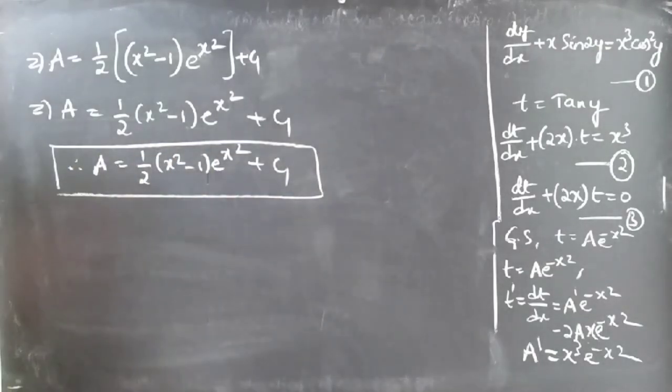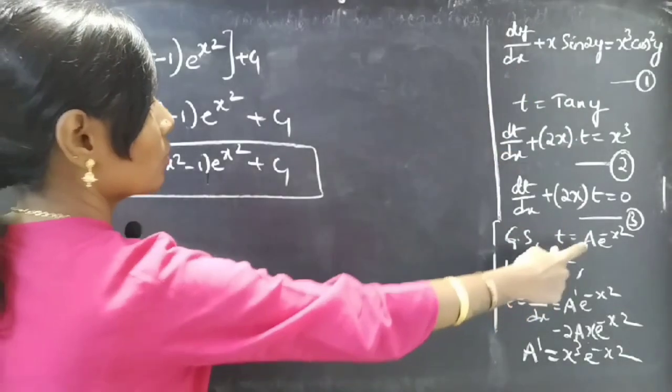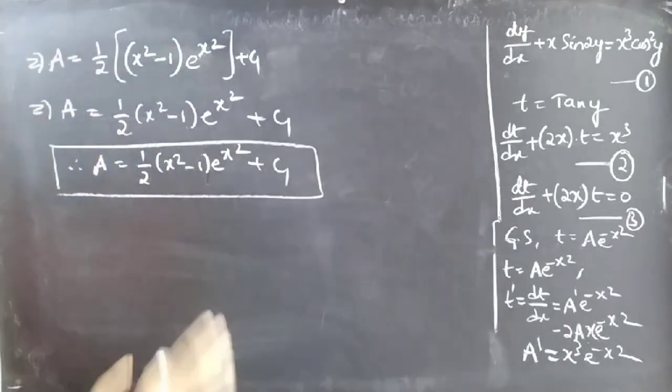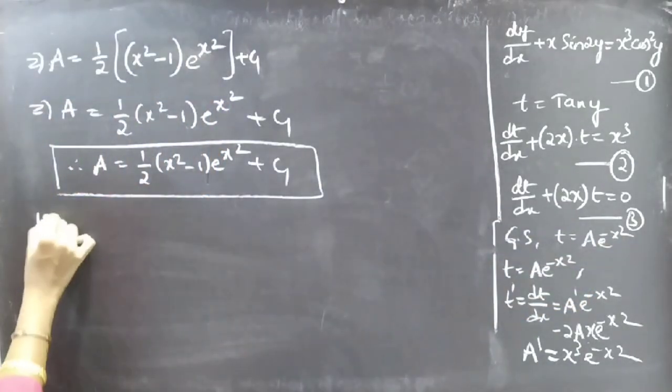So we got A. Let's now write the general solution of the given equation using t equal to A e power minus x square. Simply substitute t and A in this.